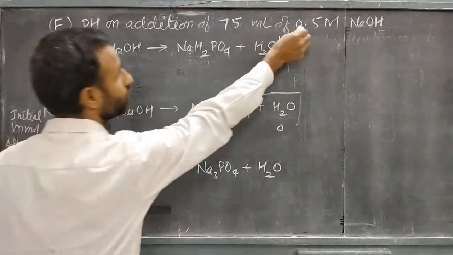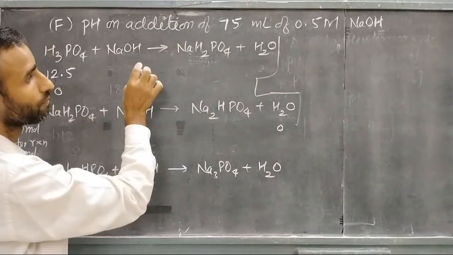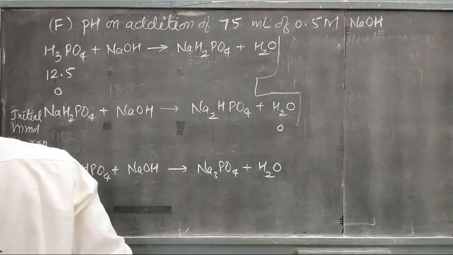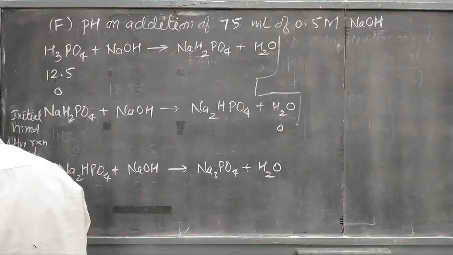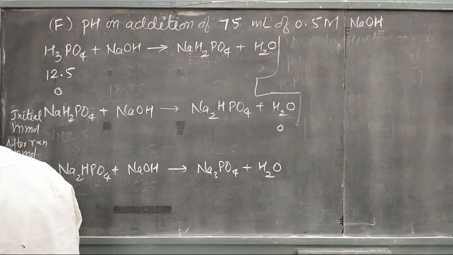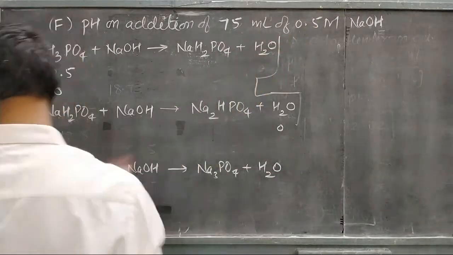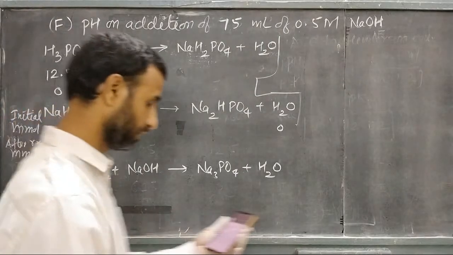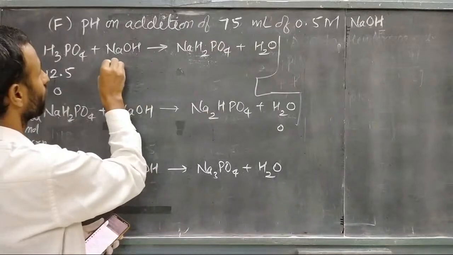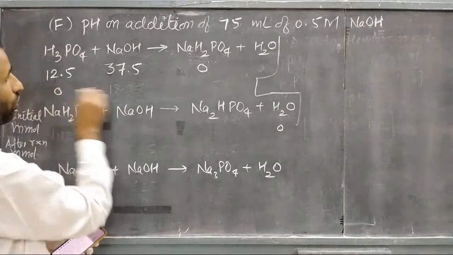So 75 into 0.5, what is the value? 37.5. Okay, 37.5, then it is 0.